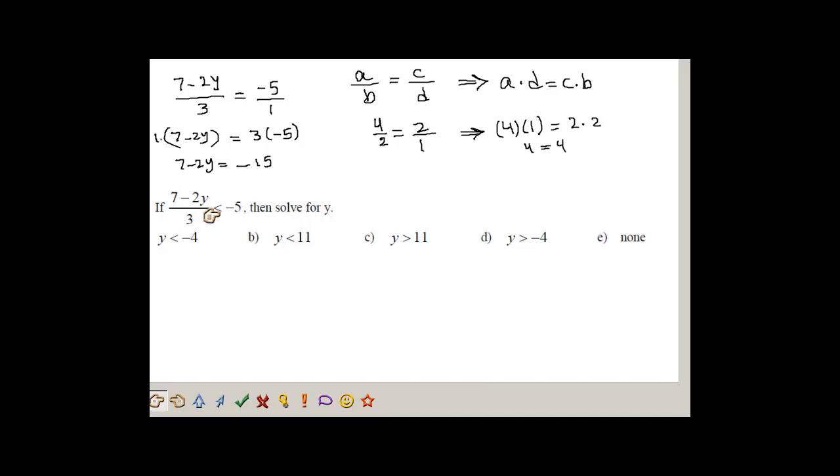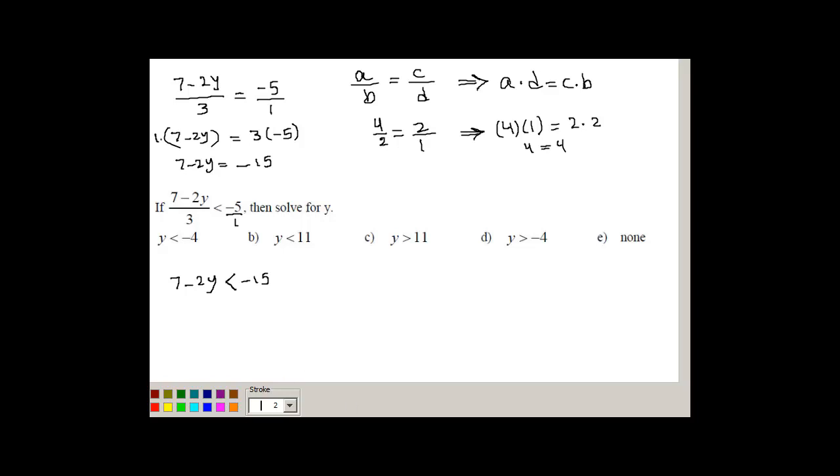This is an inequality, but the steps would be the same. If this were over 1, if I cross multiply, this would be 7 minus 2y, then instead of equal, it would be less than 3 times negative 5, which is negative 15 here. Okay, Victor, do you follow up till this point?